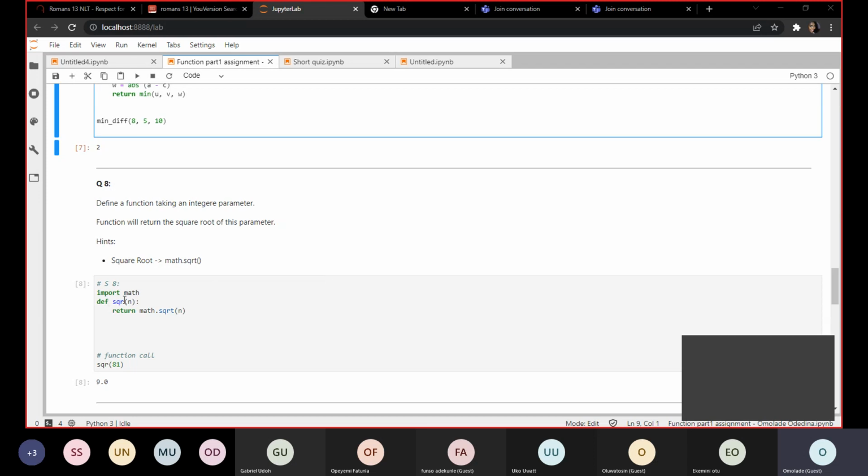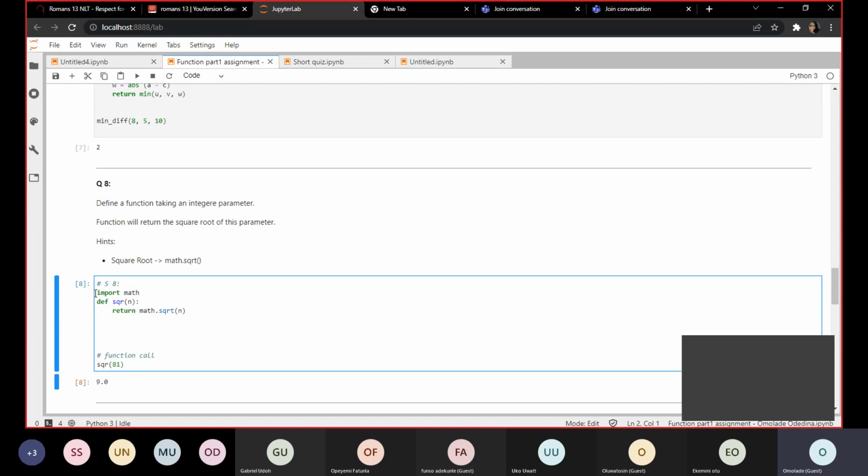Before we even do the import math, we've not seen that we want to import math yet. The first thing is that we should define the square root function, SQR, then it takes in an integer parameter, that means just one parameter, and it will return the square root of this parameter.